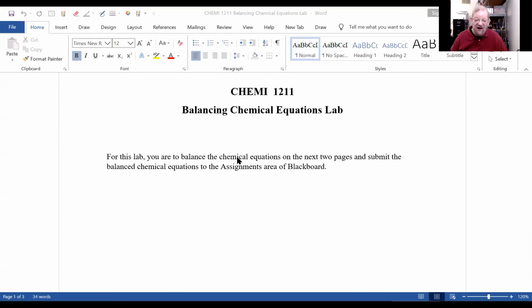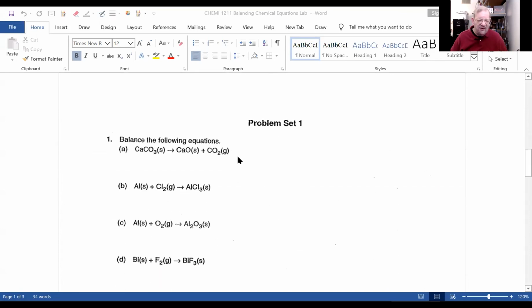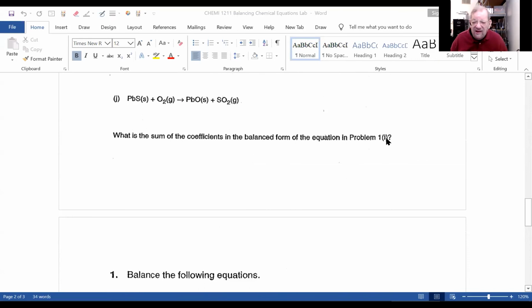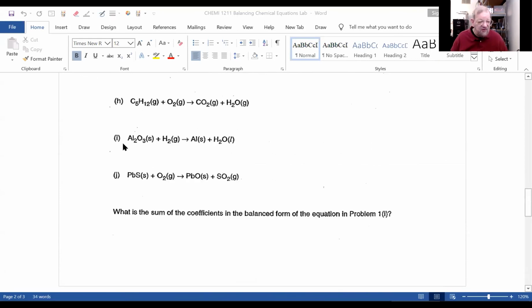You'll balance the following chemical equations, and there's also one question you have to answer. And here are the chemical equations. Let me point out here, this is an I, by the way. It's hard to tell, but that's an I. And we're talking about this one. What's the sum of the coefficients in the balanced form of the equation in the problem?